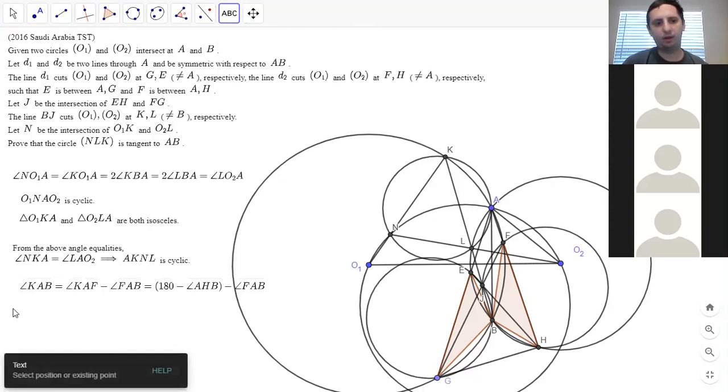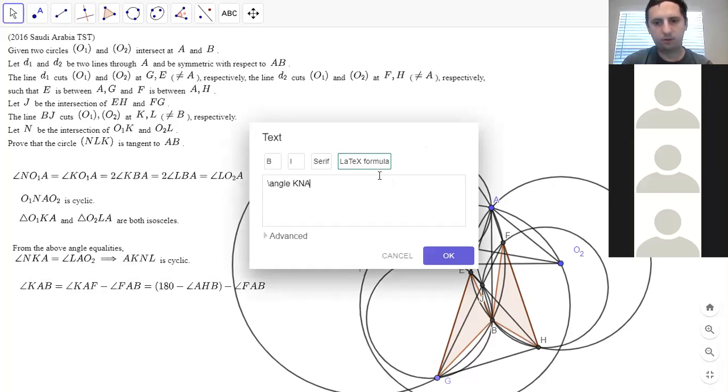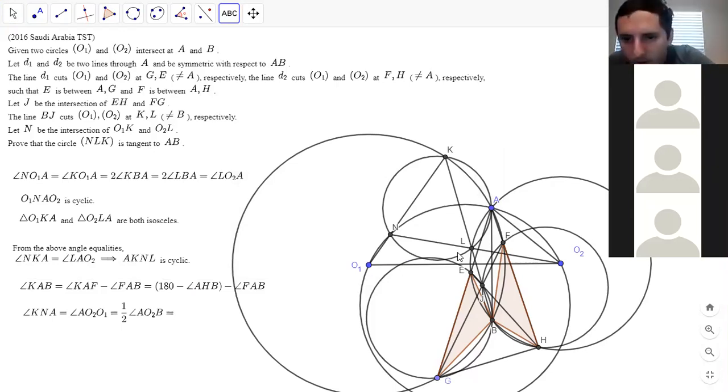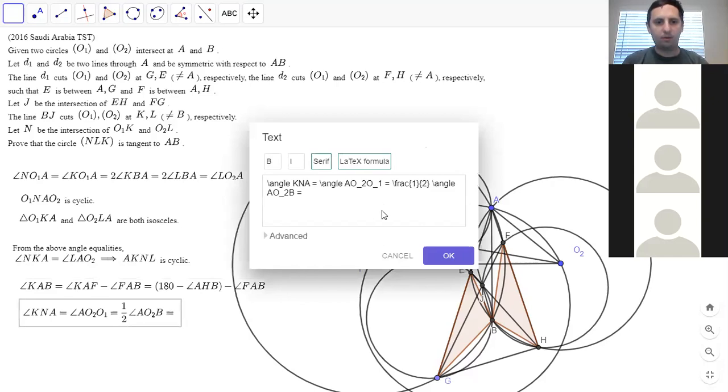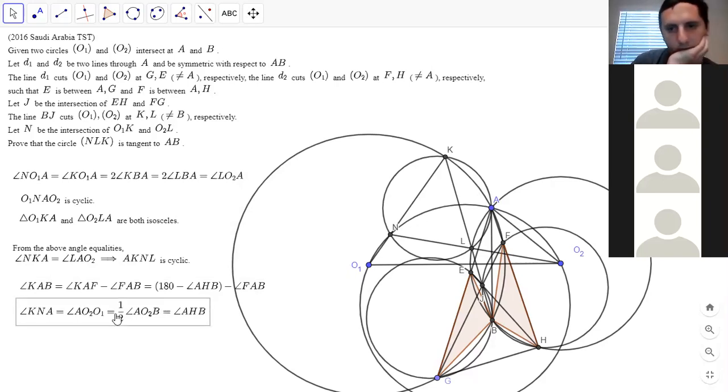So KNA is equal to AO2O1, which is half of AO2B, which is angle AHB. So we want to show this is 180 minus this. How did I get something extra? Let's see.